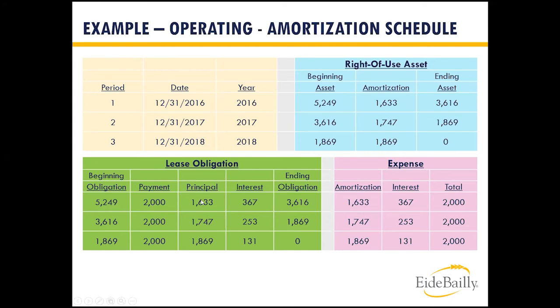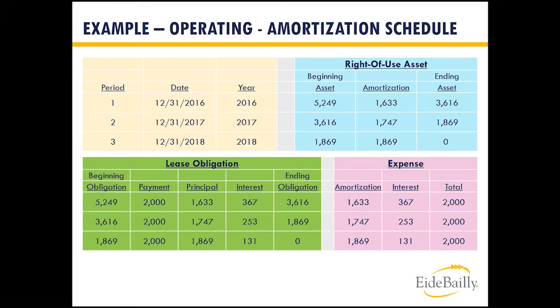Then we make payments, and the principal portion comes off. The amortization of the asset is really a plug between the interest that's recorded and the straight line lease expense. If we come down here to the lease expense, we notice it's $2,000 the whole time. That's the straight line expense recognition. So the amortization and the interest expense combine up to that $2,000.